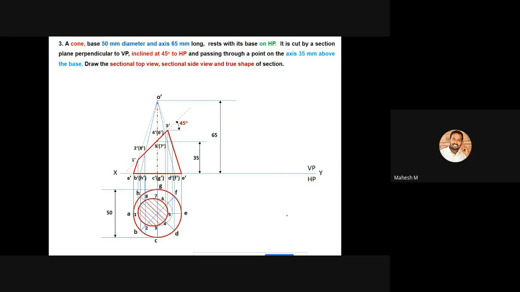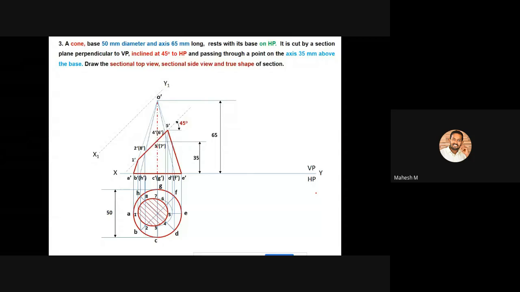Then the procedure for creating the sectional top view is that you have to section the cutting profile. That means you have to create the section lines like this. Then you can create your true shape. What is the procedure?